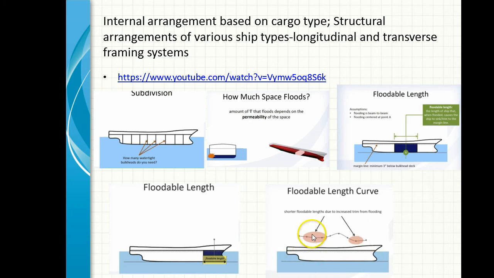So it is plotted along the various lengths on which the transverse bulkheads can be determined. And these are approved by classification societies, and this is one of the calculations which have to be done at an early stage in the design.